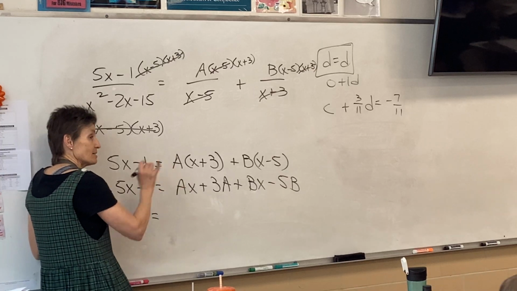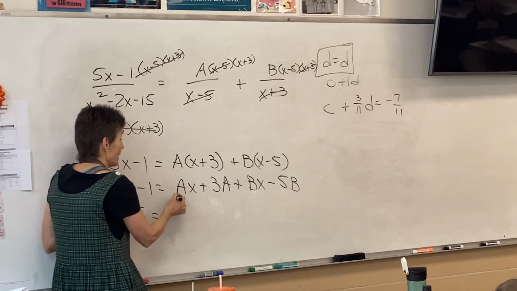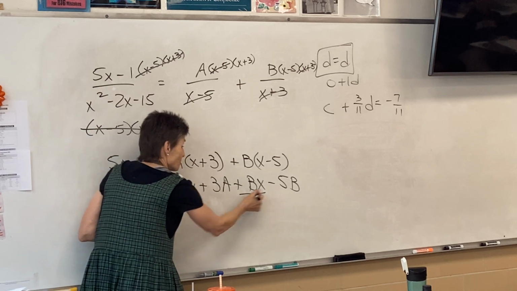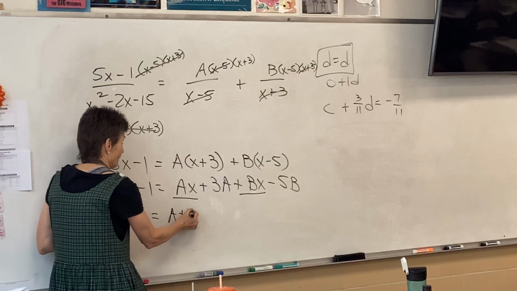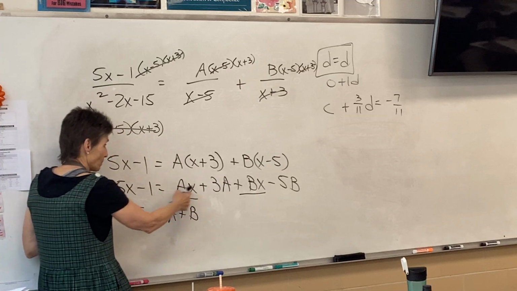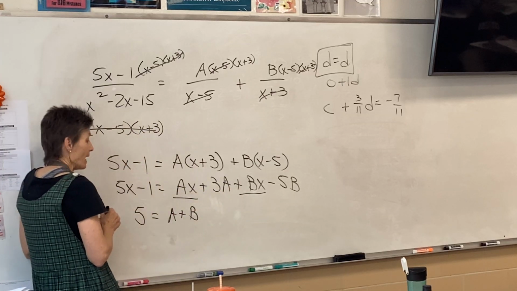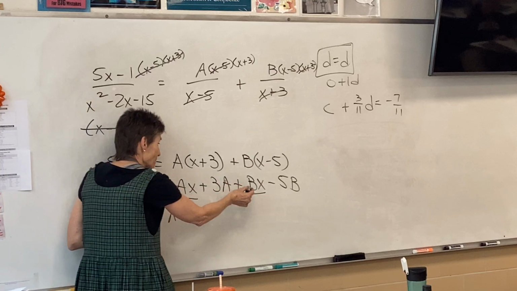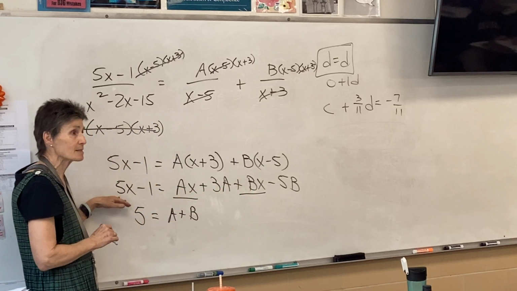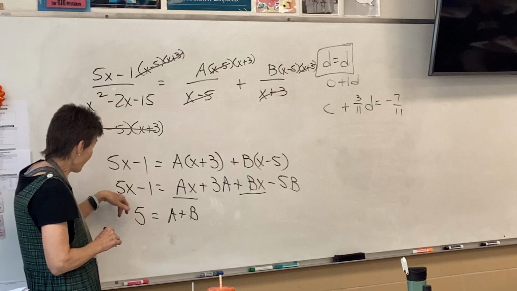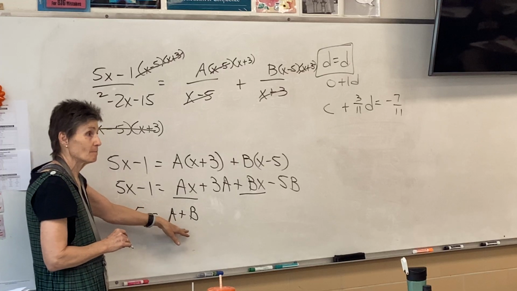How many x's do I have on the right? A plus b. Those are numbers. And when I add my ax and my bx, don't I need to get 5x? Yeah. So 5 has to be a plus b.